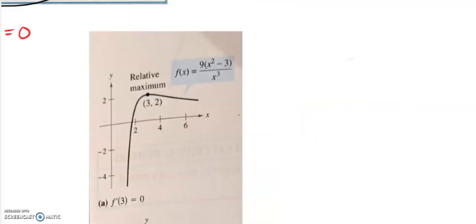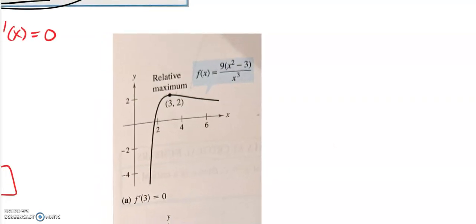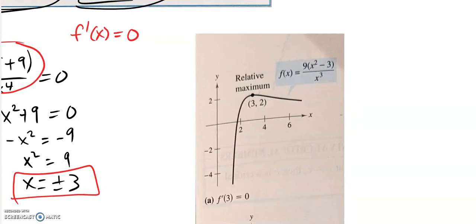Now here they want us to look at the graph, and here's the graph of that function that we just found the derivative of. You notice we're only looking at this interval that they give us. So x equals negative 3, we're not even going to look at or consider that point because it's not on this graph that they show. All we are going to look at is x equals 3. So when x is equal to 3, we need to figure out what y is.